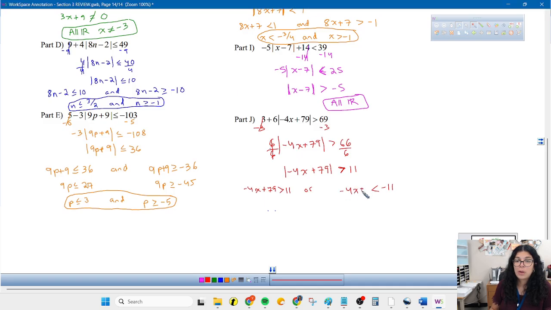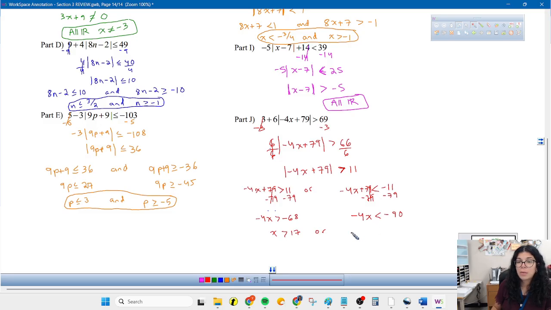So to solve the one on the left, I'm going to start by subtracting 79. So we get negative 4x is greater than negative 68. And then negative 68 divided by negative 4 will give me 17. Then for the one on the right, subtract 79 on both sides. We get negative 4x is less than negative 90.